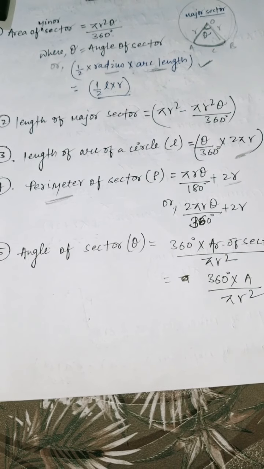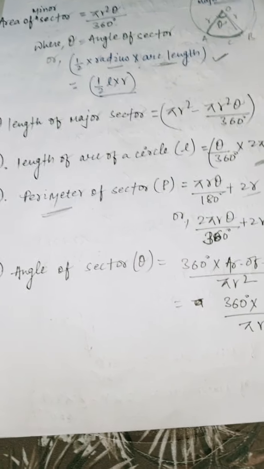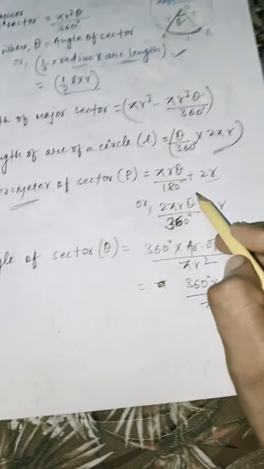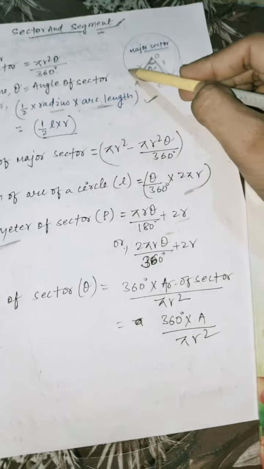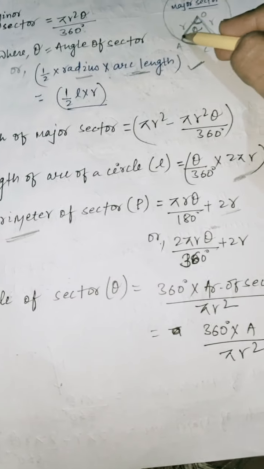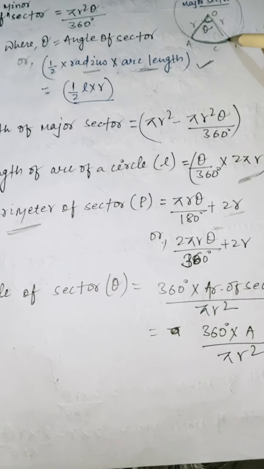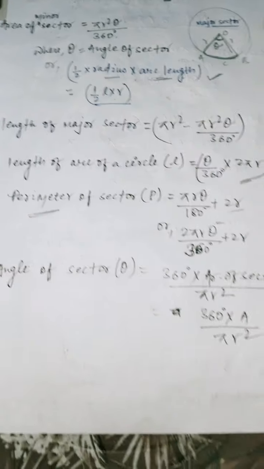This is applicable for the minor sector, but if we have to find the perimeter of major sector, then we have to apply pi r theta by 360 degree plus 2r, because in sector the perimeter is the length of the boundary.